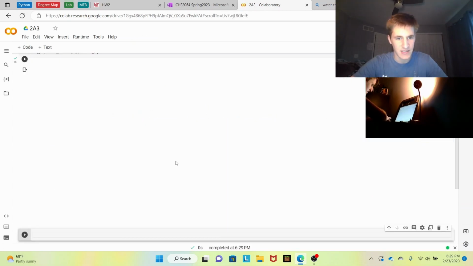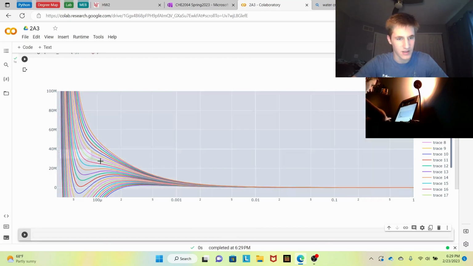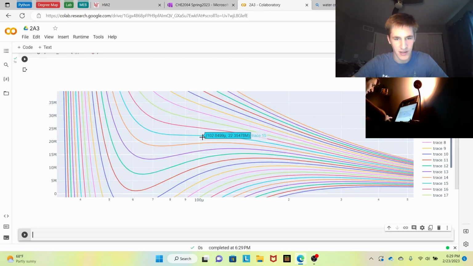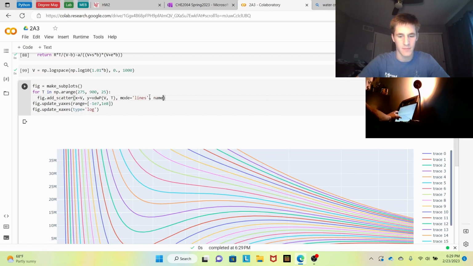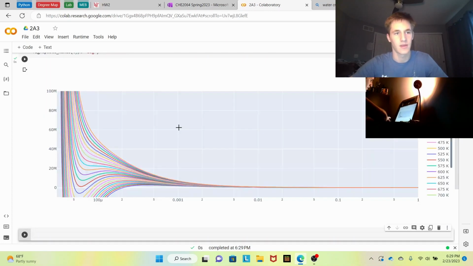And we can actually see the critical point if we zoom in. It's this light blue one right here, right? Oh, you know what? I'm going to title these real quick. So name equals our temperature in Kelvin, right? Okay.